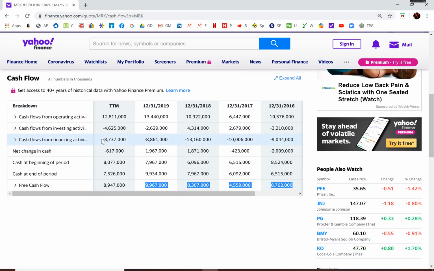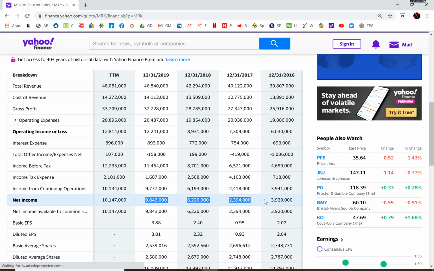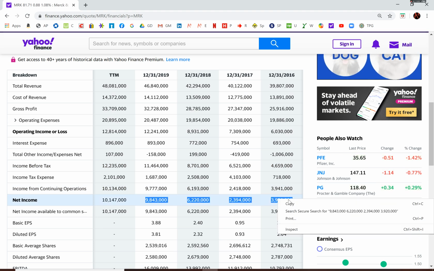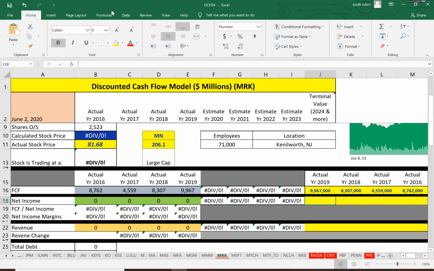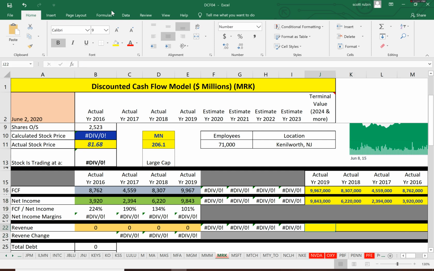Net income is on the income statement. We need that next. We don't forecast net income because net income has a lot of other things involved, which are more accounting issues like depreciation.